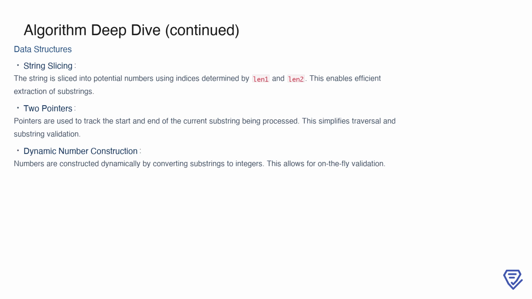This simplifies traversal and ensures that we can efficiently validate substrings. Another important aspect is dynamic number construction. By converting substrings to integers on the fly, we validate the numbers as they are constructed, ensuring that they meet the criteria for a valid additive sequence. Together, these techniques provide the foundational tools needed to efficiently implement and test the brute force solution.